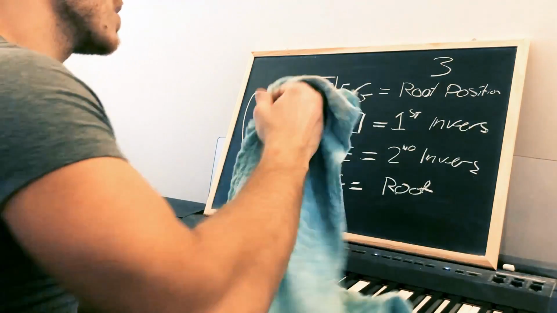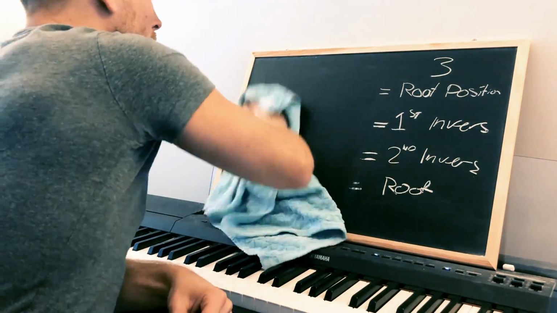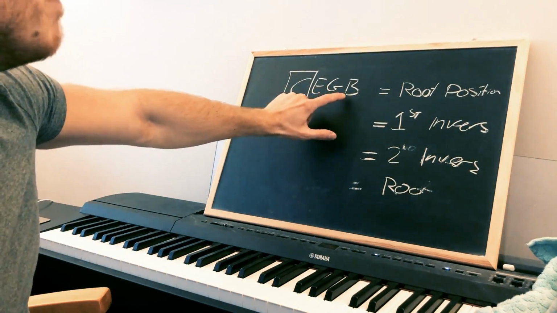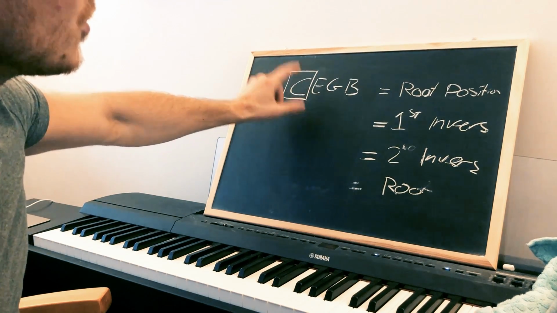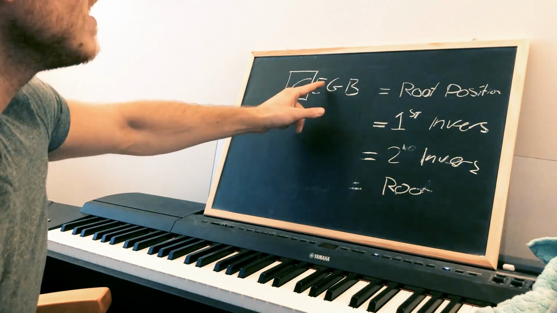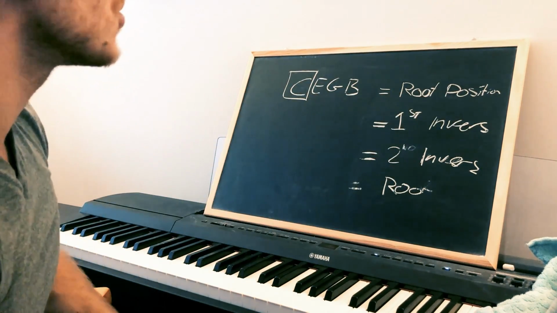Okay, let's try that with a different kind of chord. C, E, G, B. Right now the C is still the root, the tonic, the name of the chord, so that's on the left. C, E, G, B, that's our root position.